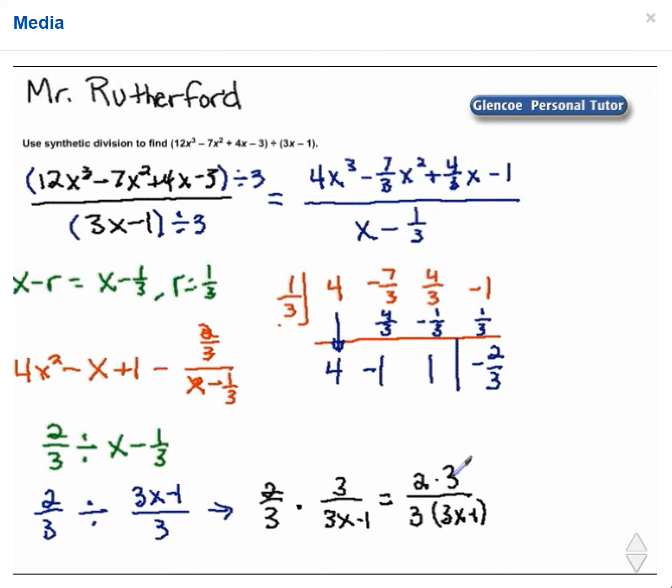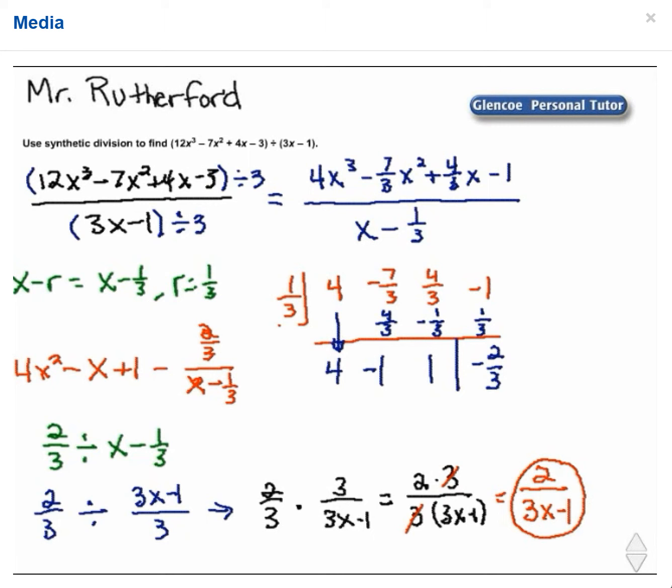Now notice here that we have a 3 in the numerator and the denominator, so those will cancel each other out. So this means that we have 2 over 3x minus 1. And I got rid of the parentheses because I no longer have a number on the outside. So we have a remainder of 2 over 3x minus 1.